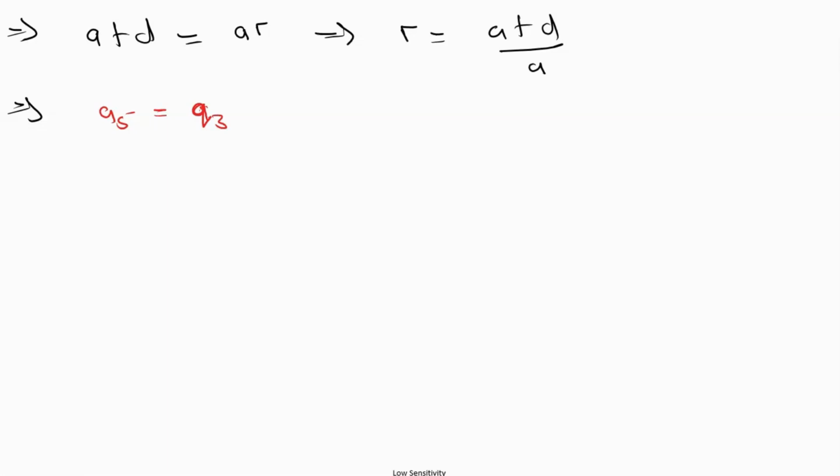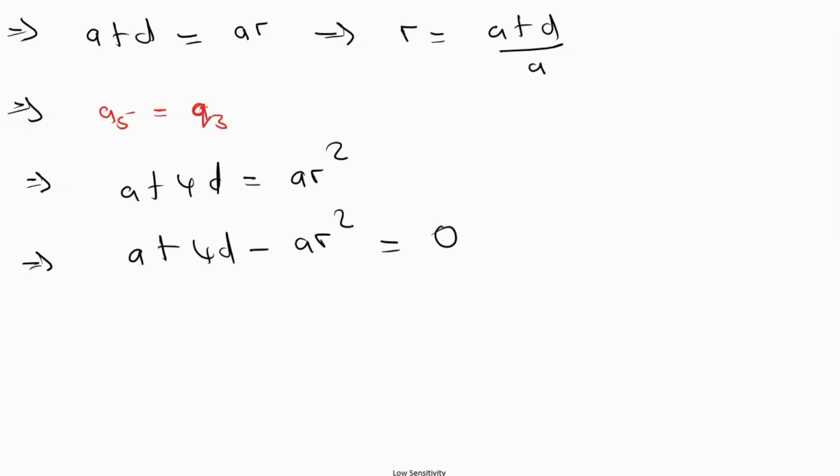So what do we have here? We have a plus 4d equals ar squared. Since these are equivalent, we can write that a plus 4d minus ar squared equals 0. That's how we can rewrite that.